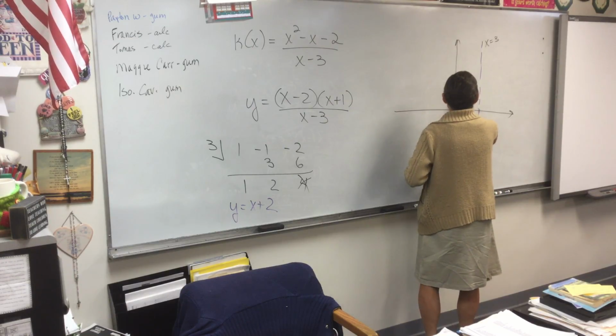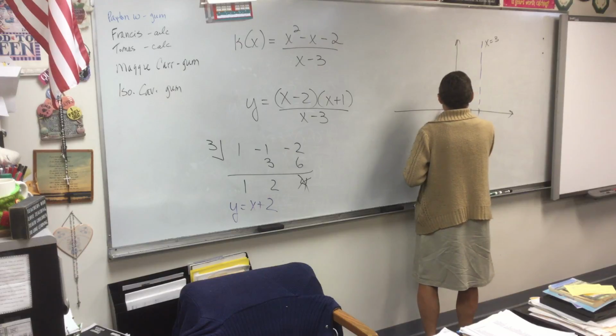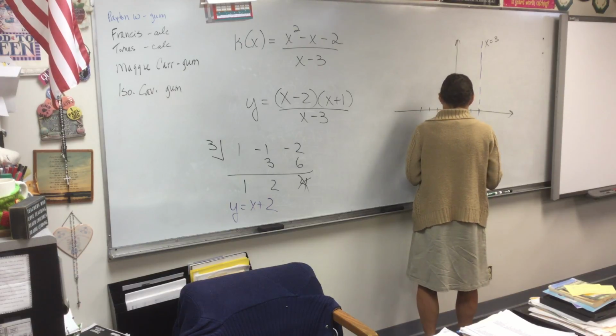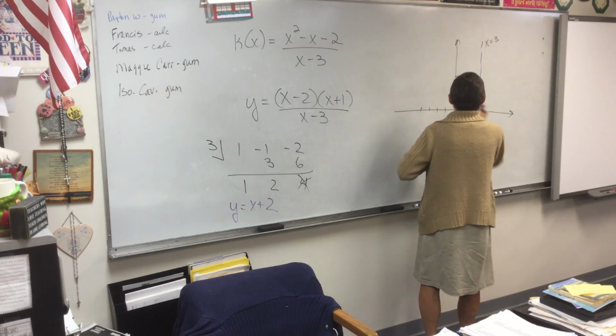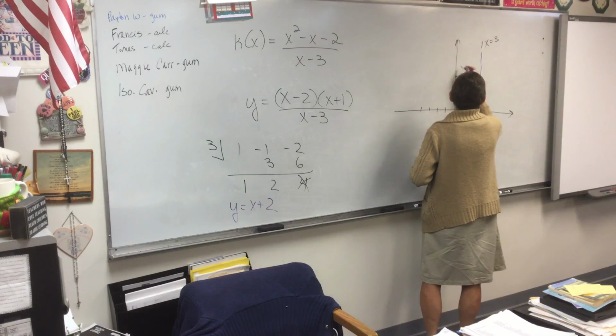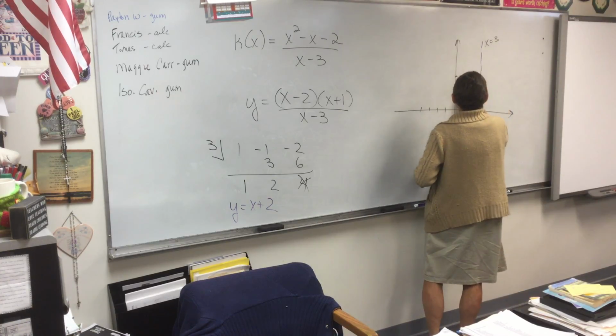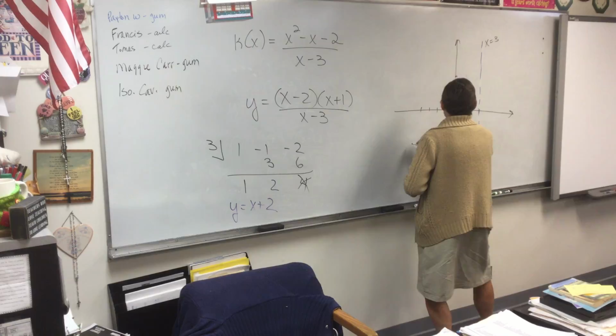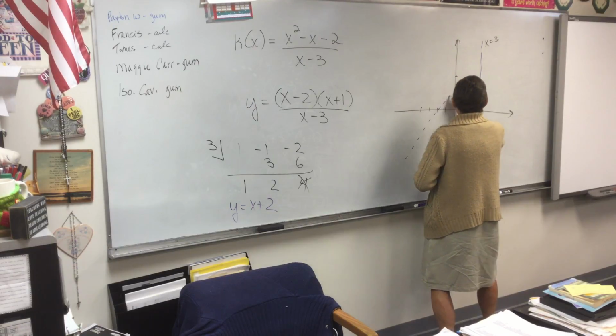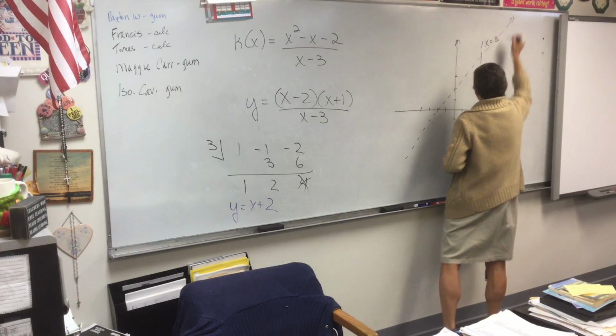So, alright, here we go. So we got intercept at 2 and a slope of 1. So it's going to look like that.